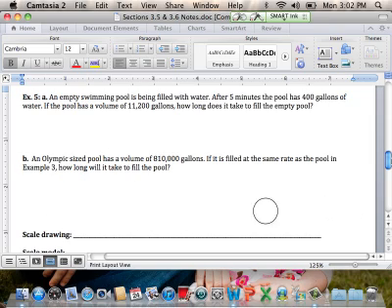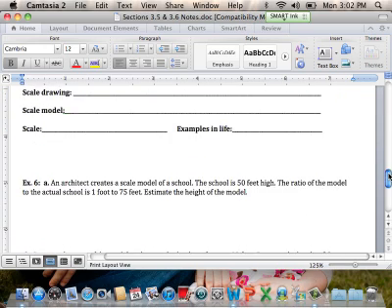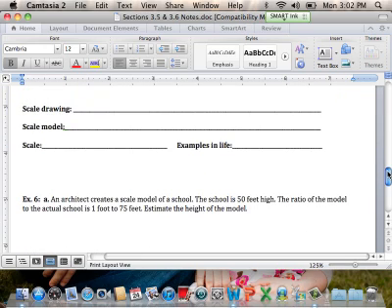So let me just finish erasing here. All right. So the last example we're going to look at, what is a scale drawing? A scale drawing is very simply a two-dimensional drawing of an object in which the dimensions of the drawing are in proportion to the dimensions of the object. So a map, things like that.